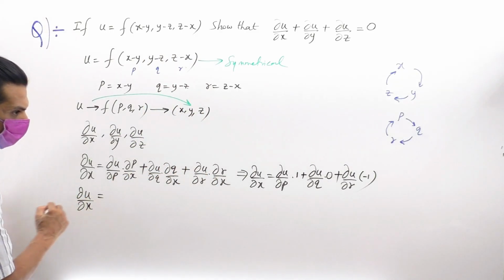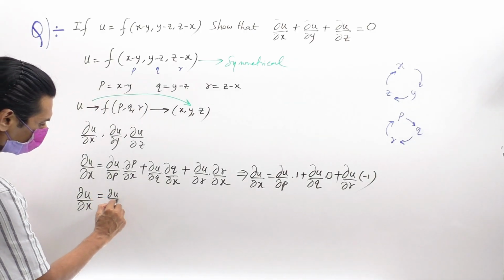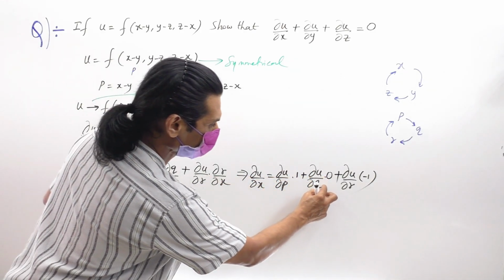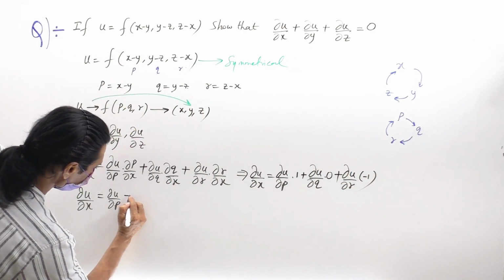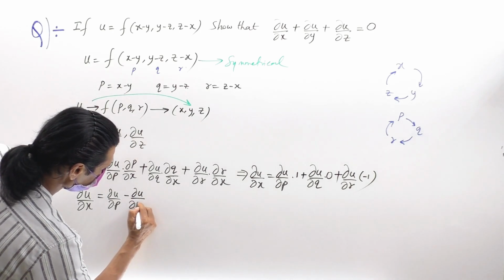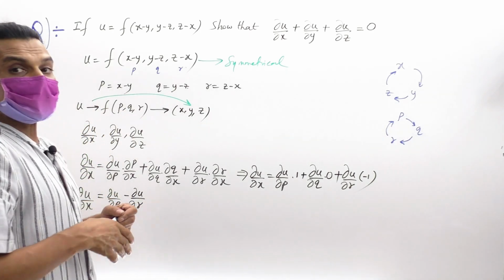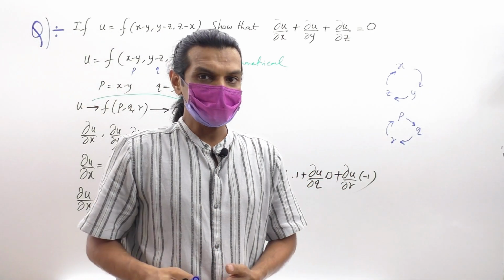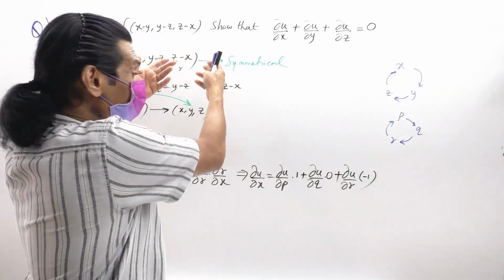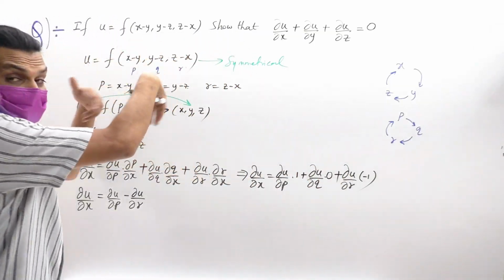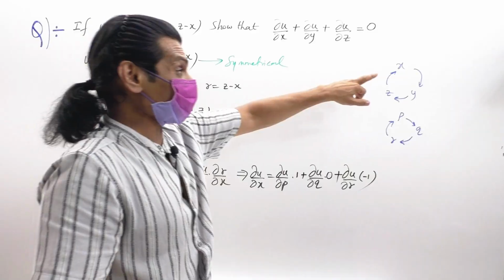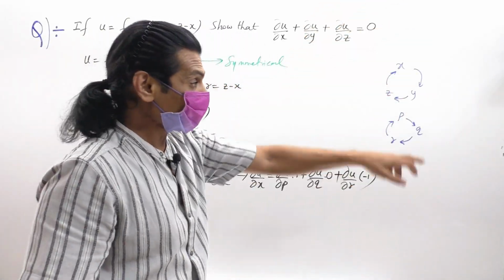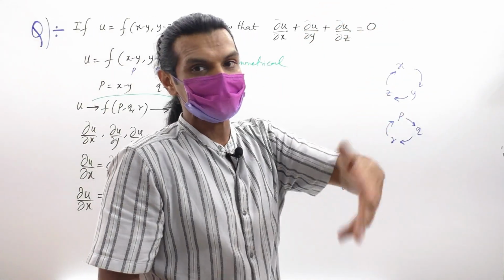So we have dou u by dou x equals dou u by dou p, 0 and this minus here, so minus dou u by dou r. Now, to find dou u by dou y and dou u by dou z, we did not find them because we have checked the question is symmetrical. Symmetrical means simply change x to y, y to z, z to x, p to q, q to r, r to p. That's it.